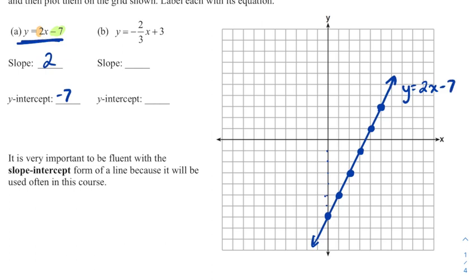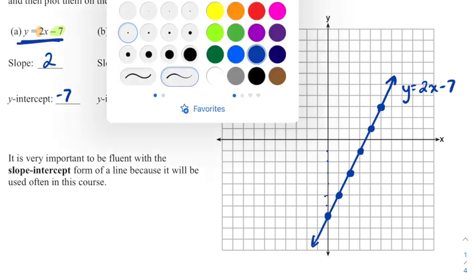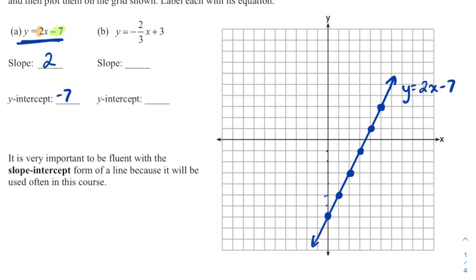Okay, our second one, I'll do it in a different color here. All right. So the slope is negative 2/3, and the y-intercept is 3. Once again, I'm going to go ahead and plot the y-intercept first. So that's right here. And my slope is negative 2/3, so I'll go down 2, and to the right 3.